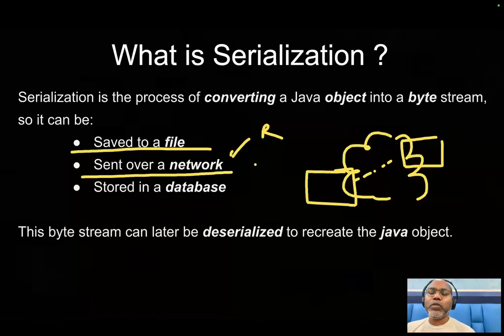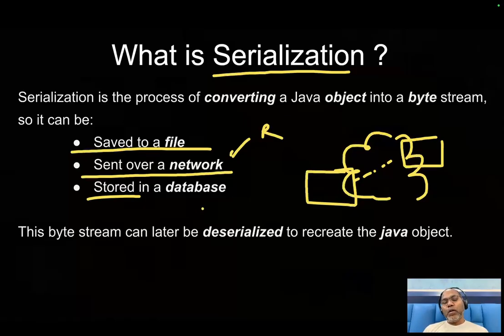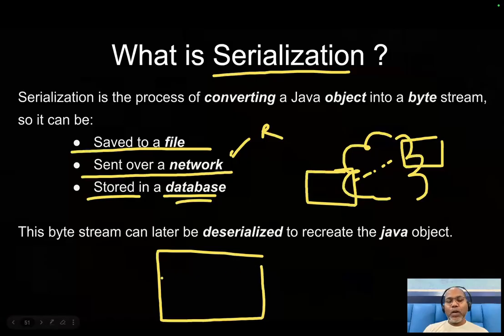In those scenarios also, when a Java application wants to send data, it takes the help of object serialization. Sometimes you want to store these objects in the database. While storing in the database, we also need the serialization process. So the use cases are multiple.